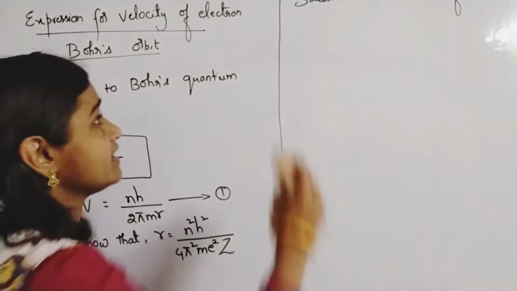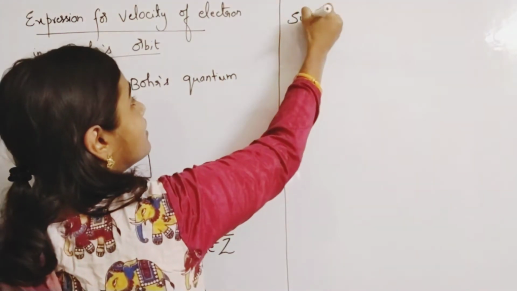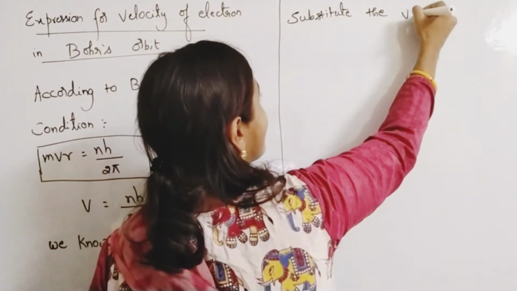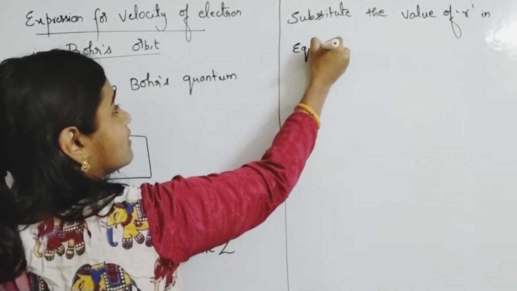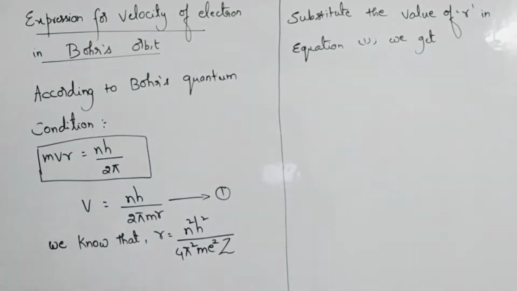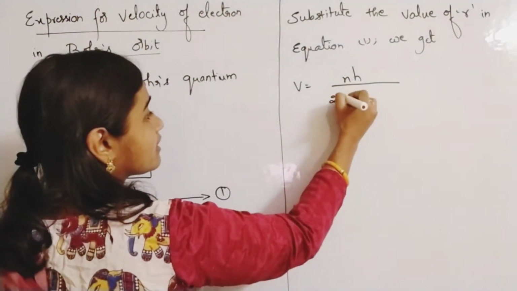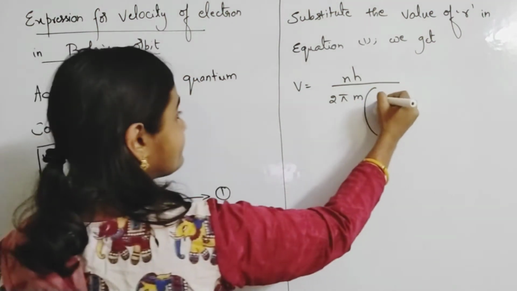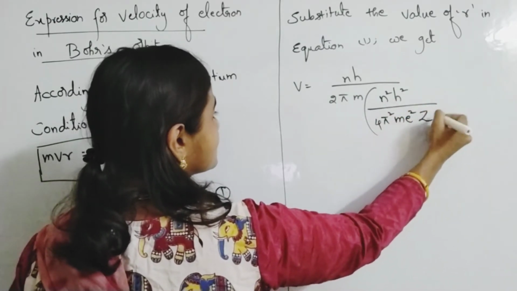Substituting the value of r in equation 1, we get v is equal to nh by 2 pi m into, in place of r, n square h square by 4 pi square me square z.